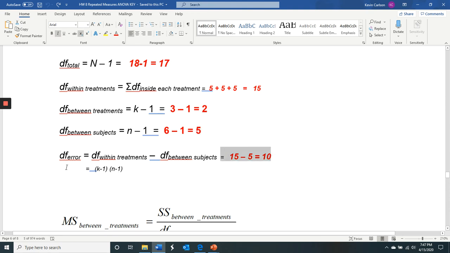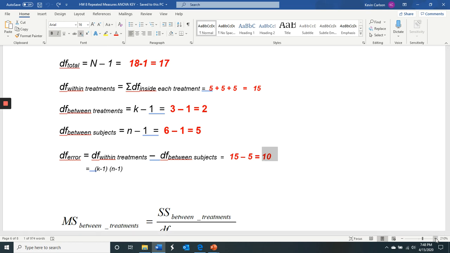We can also do this saying k minus 1 times n minus 1. That's a small n. So k is 3 and small n is 6. We have 6 people. So 3 minus 1 is 2. 6 minus 1 is 5. So 2 times 5 is 10. So either approach, you'll get the same number.